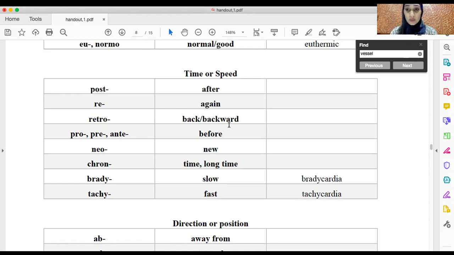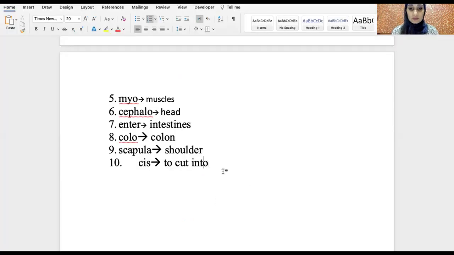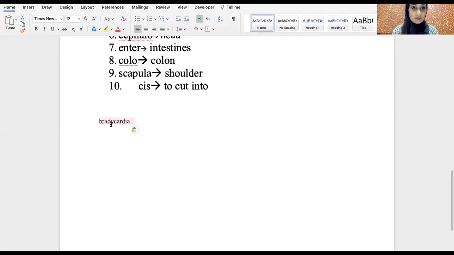Brady means slow, like bradycardia, which means slow heart rate. Let's divide this word. As we said, brady, this prefix, means slow.